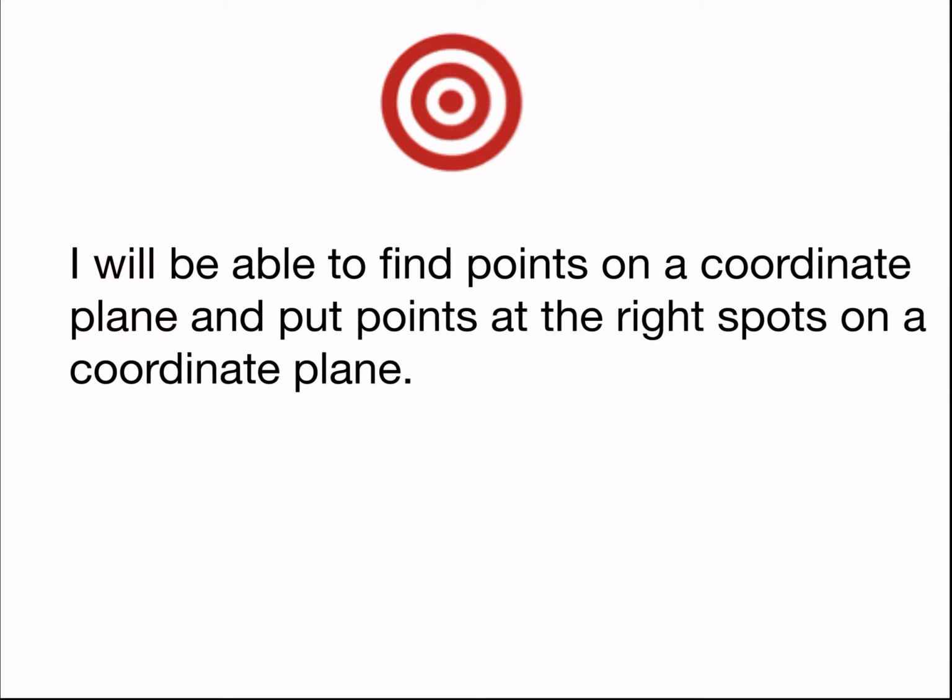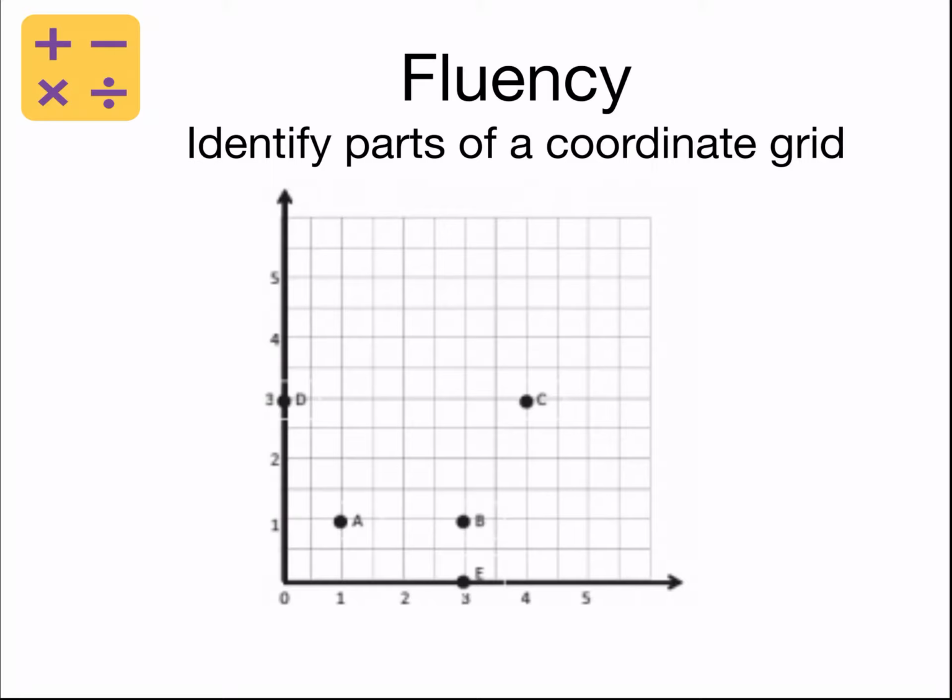So here we go. Here's some fluency. If you want to do this, you can pause the video, draw this out, and then go ahead and identify those points there. Remember that the points are always x comma y.